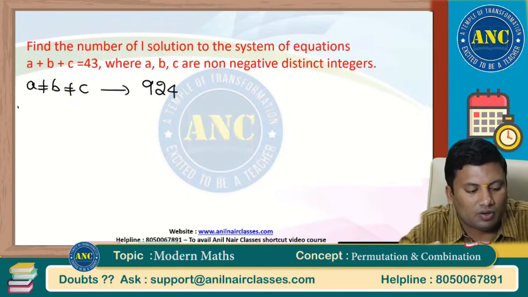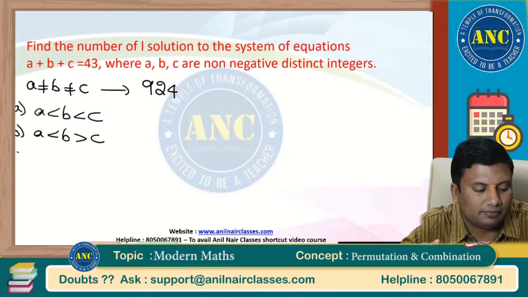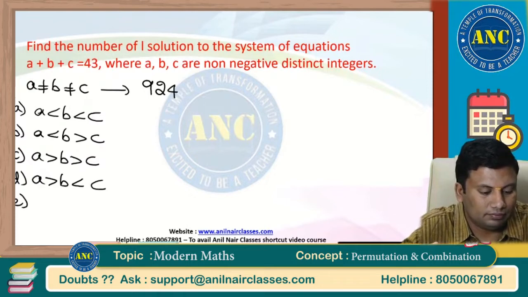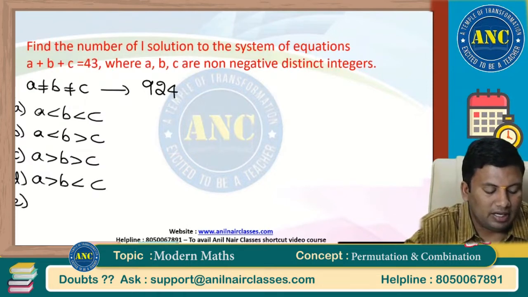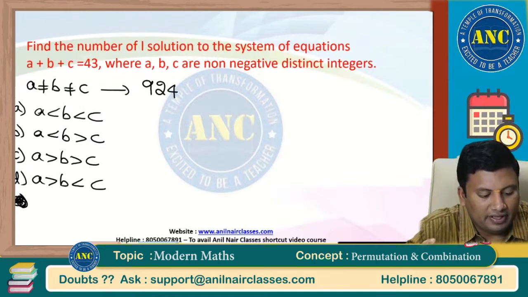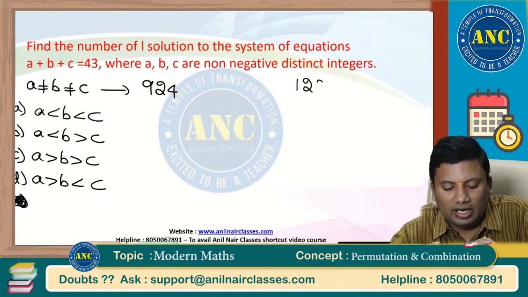In that, the question can also be like this: A less than B less than C, A less than B greater than C, A greater than B greater than C, A greater than B less than C. Am I right?